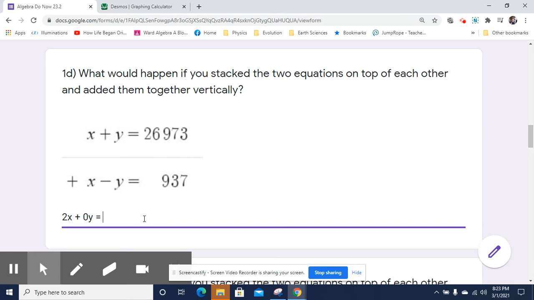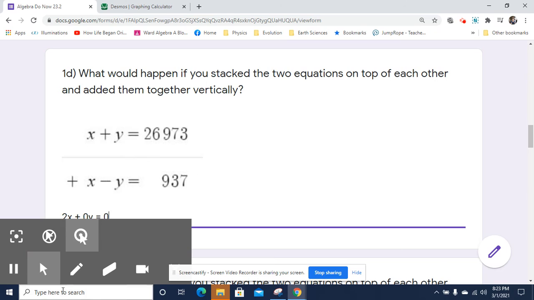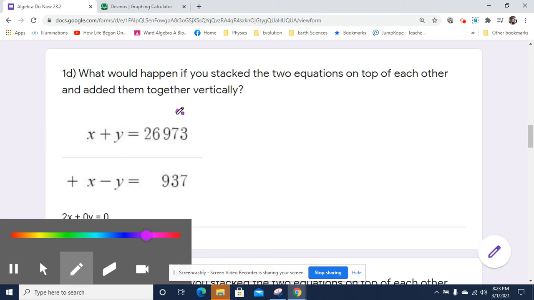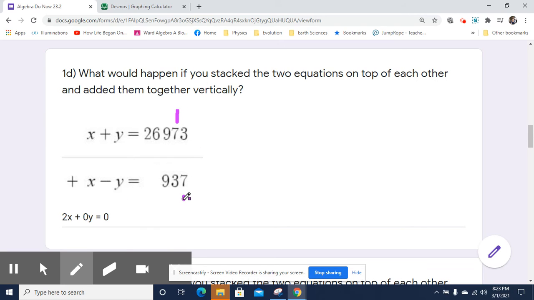7 plus 3, that's a 10. So I'll carry the 1. Okay, so that's a 0. Carry the 1. 7 plus 3 is 10 plus 1, that's 11. Carry the 1. 9 plus 9 is 18. Add the 1, that's 19. Carry the 1.